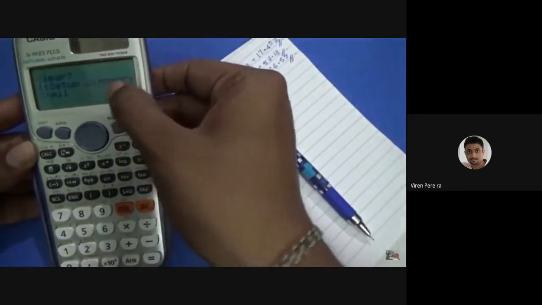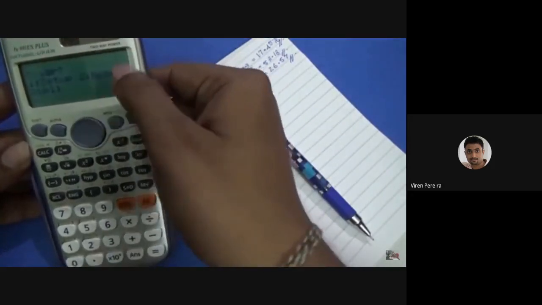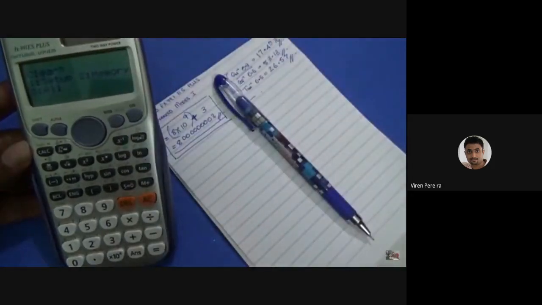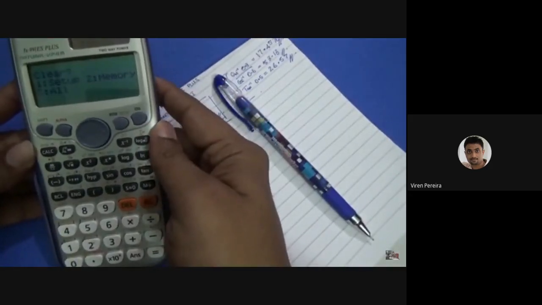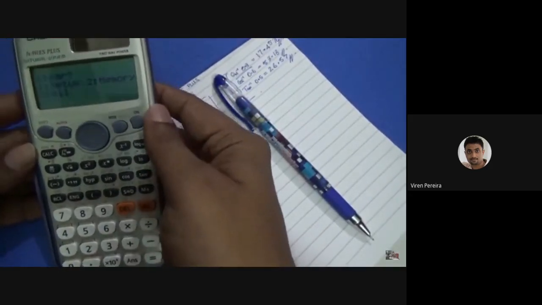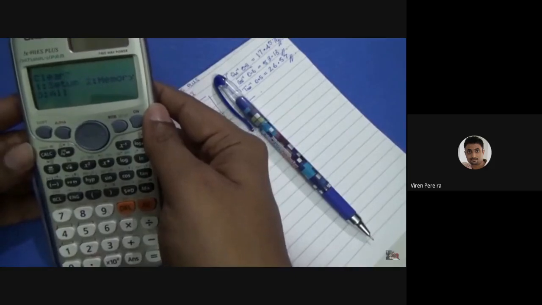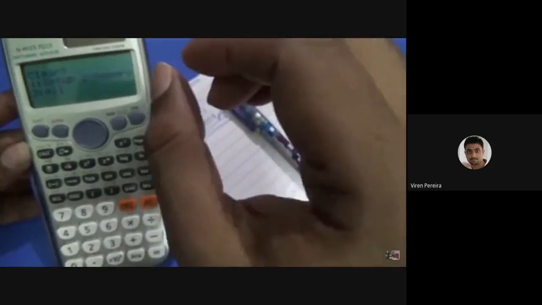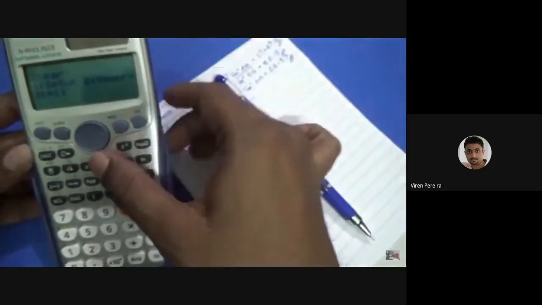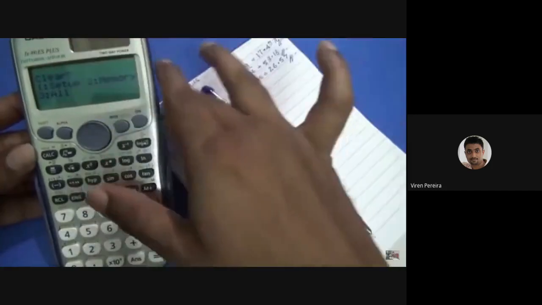Now, what do you mean to say by memory? Your second is memory. As I told you, your Casio calculator can even save some particular values. So in case you saved some particular values, when you press 2, whatever values you have saved in those specific blocks of memory will be deleted.